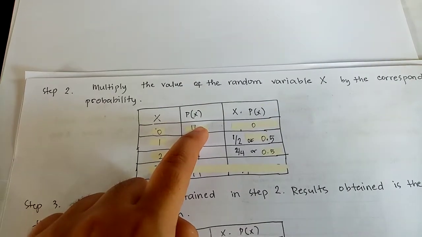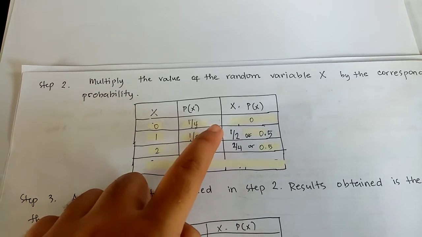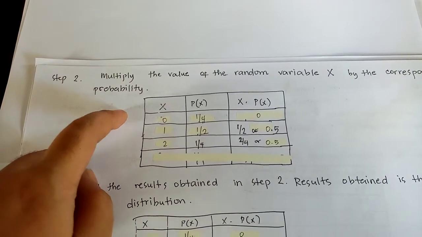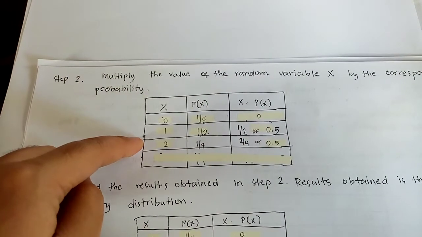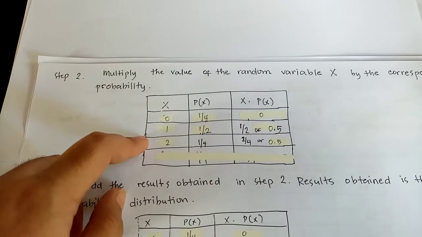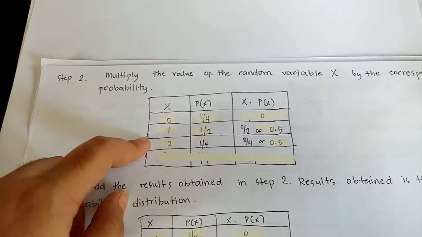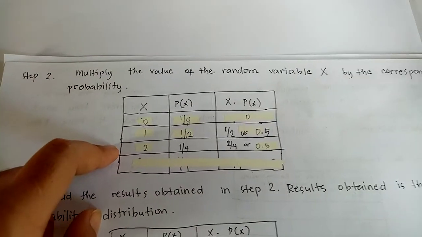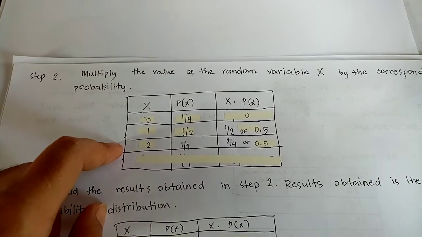So, we have 0 times 1/4 is 0, 1 times 1/2 is 1/2 or 0.5, and 2 times 1/4 is equal to 2/4 or 0.5.